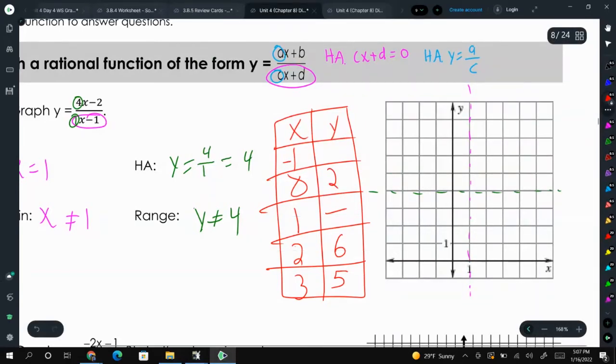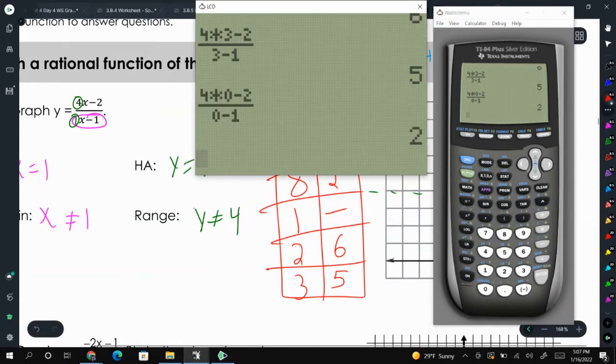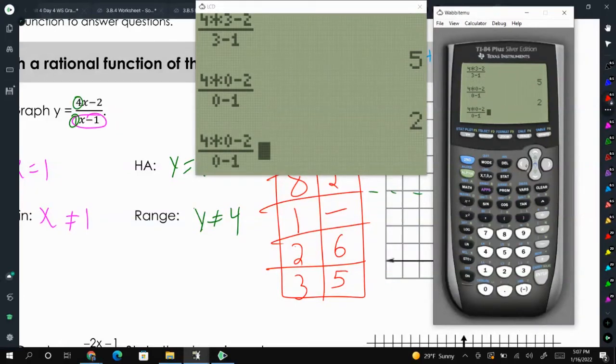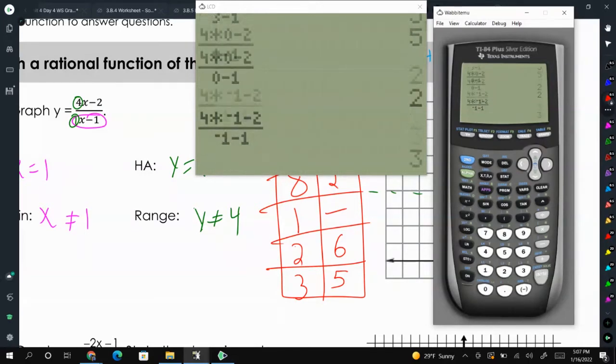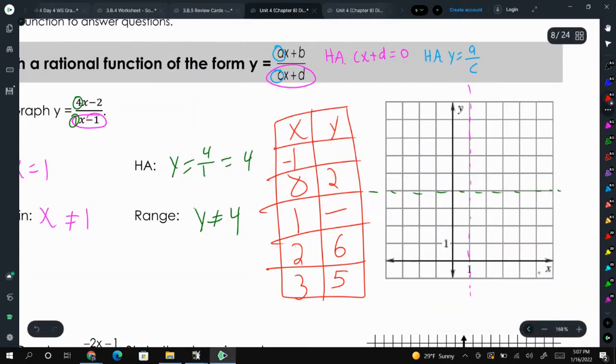And if you plug in negative 1, negative 1 minus 1, and 4 times negative 1, we get positive 3. So then we can plot those points.